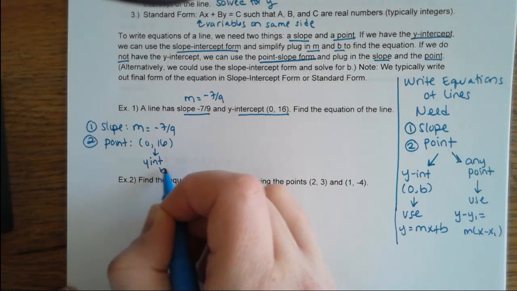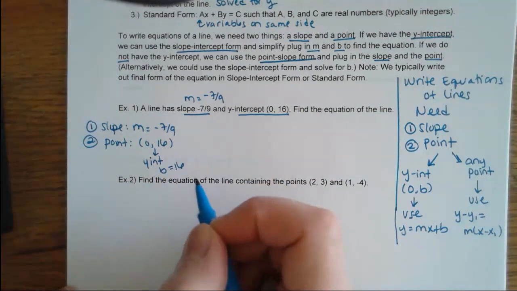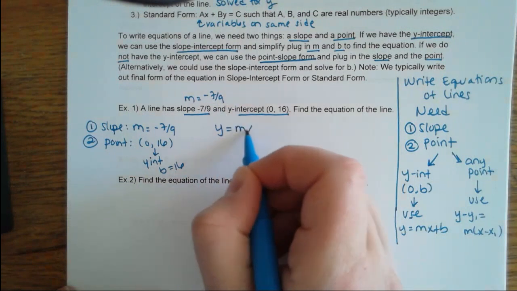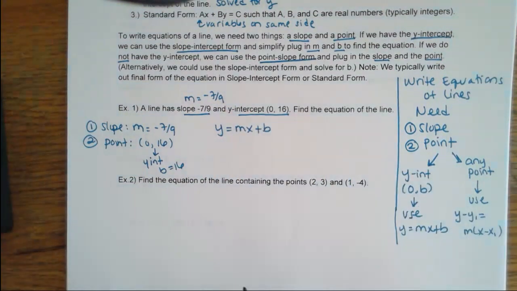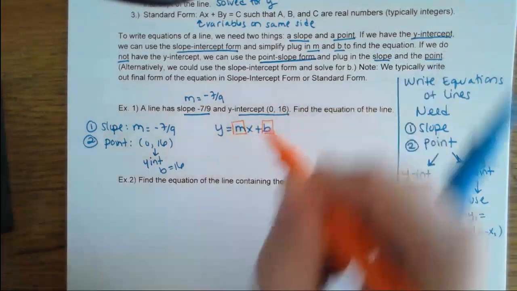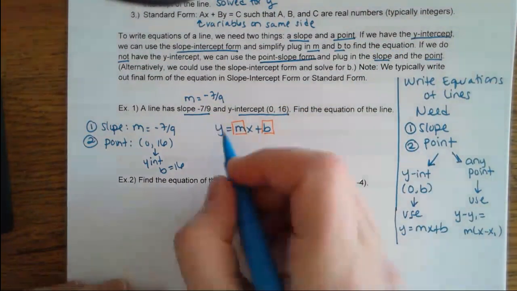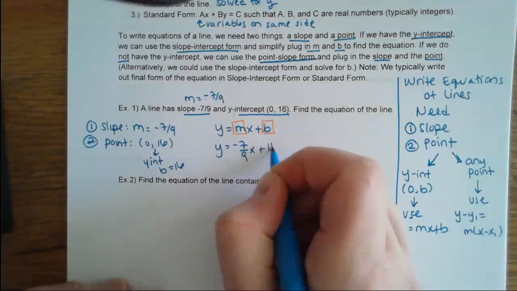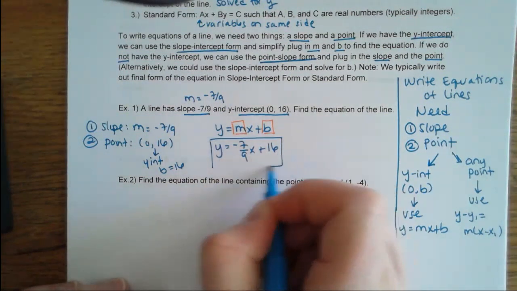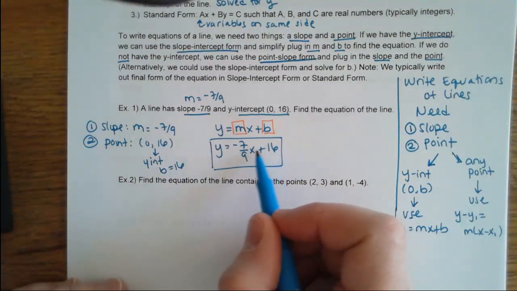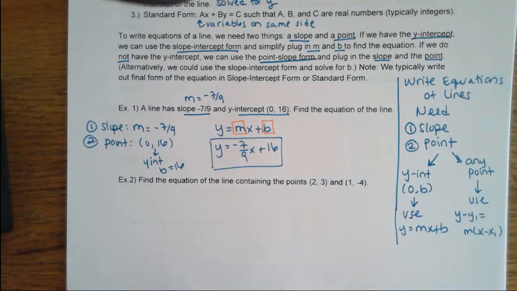So we know that the b value here is 16. So if I have the y-intercept, I'm going to use y equals mx plus b. That is the easiest way to do it. And then all you need to do is replace the m and the b with what the problem gives you. So y equals -7/9 x plus 16. And that's it. Now, if this was a -16, you could do plus -16 or -16. That would be fine as well.